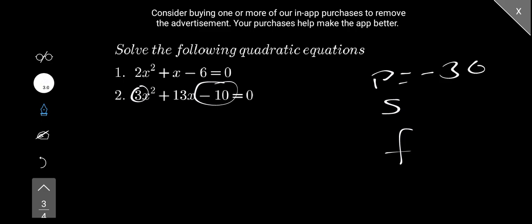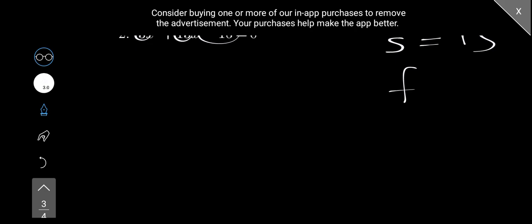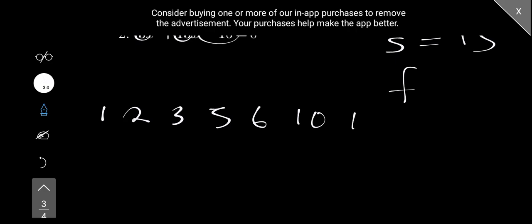And then the sum is the coefficient of x, which is 13. Factors. So let's use our method. We see what will happen. So we are saying we list all the factors of 30. So we have 1, 2, 3, 5, 6, 10, 15, and 30 itself.